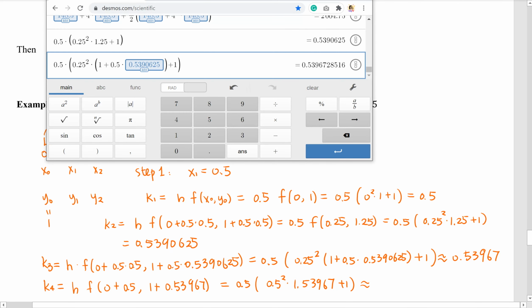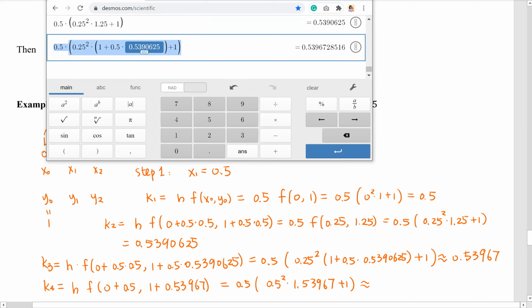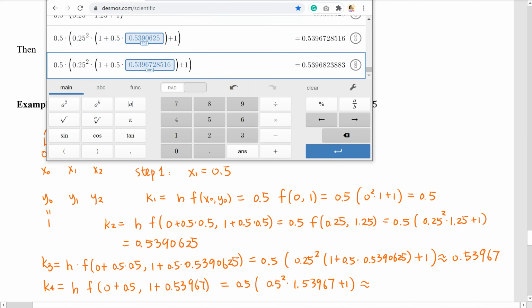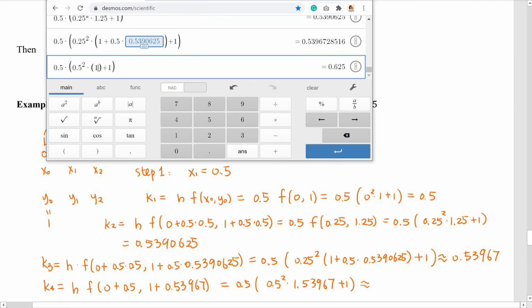We can copy the previous line, but here this is 0.5 squared, and then change this to 1.53967.